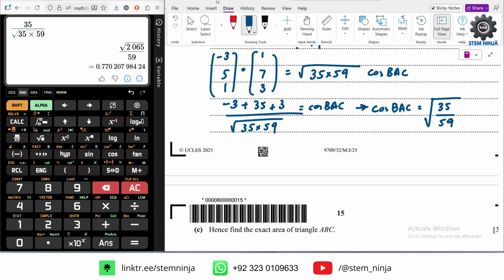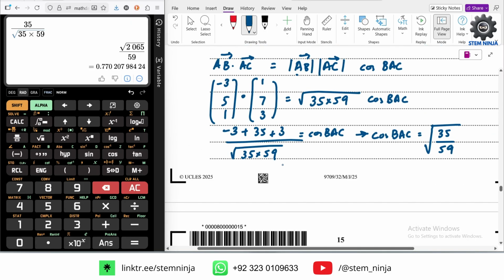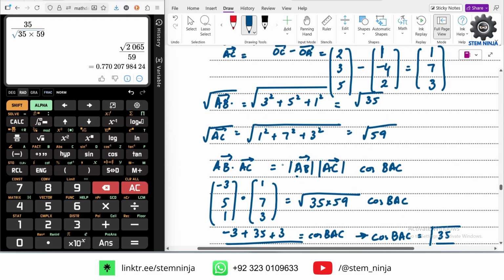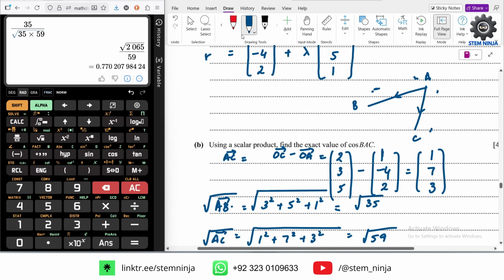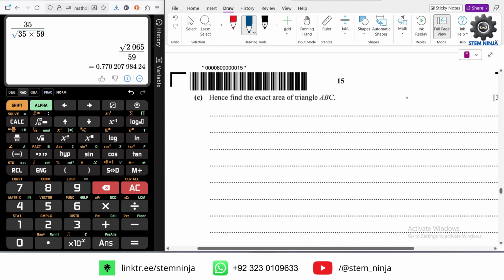Sorry. Right, okay. Find the exact area of triangle ABC. Okay, so for triangle ABC, we have AB, we have AC, we have this angle in a way, indirectly. So we just need to find half AB AC sine theta basically.